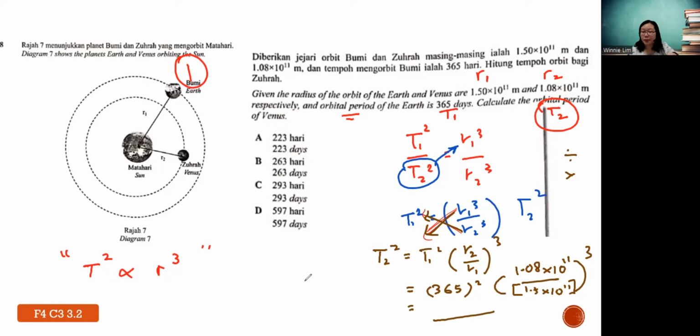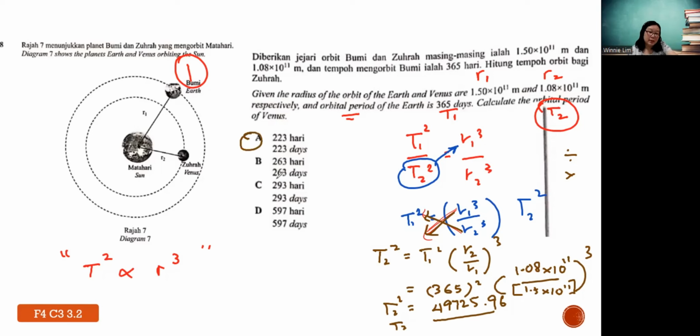By right, you're supposed to get about this value first, 49725.96. But this is still squared, you know. I want T2. So what do you do with this answer? Square root of this answer. Then at the end, you will get about 2 to 3 days.